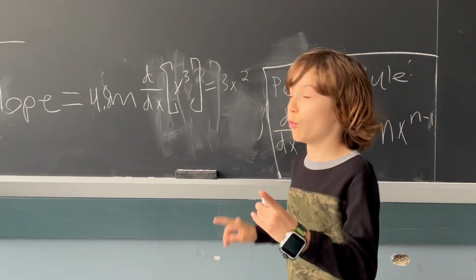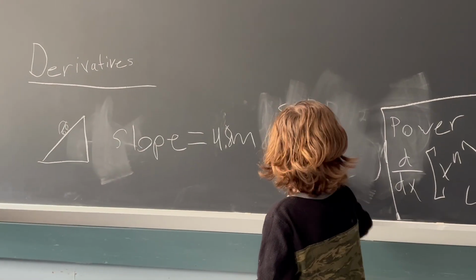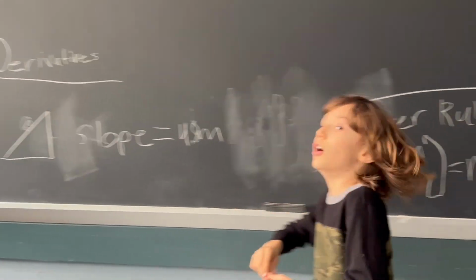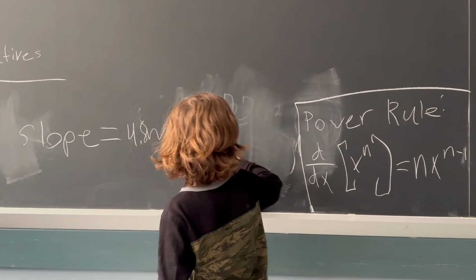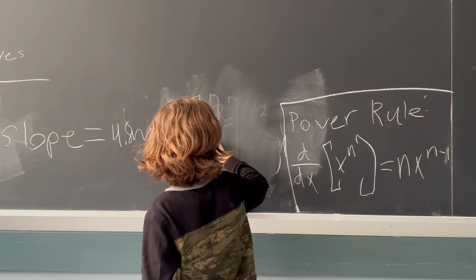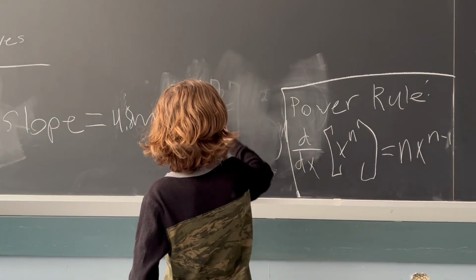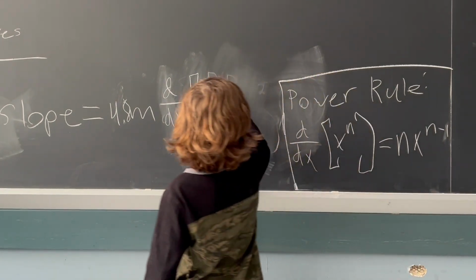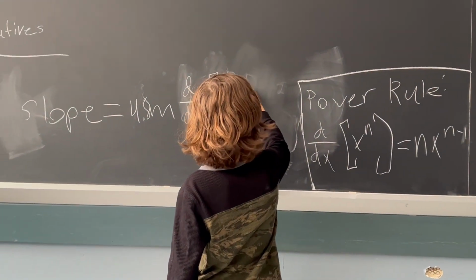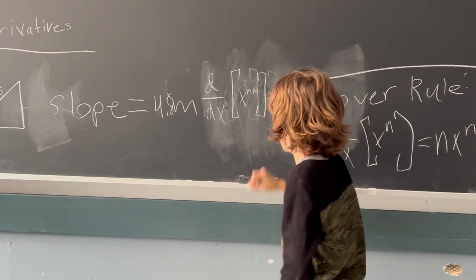Now I'm going to give you one last example, just a little more tricky maybe. How about the derivative of x to the n plus 1? What's that equal to?